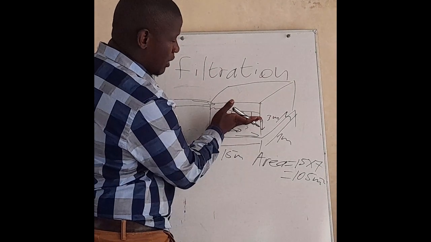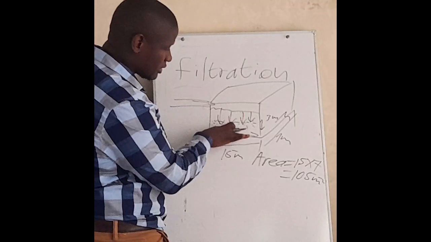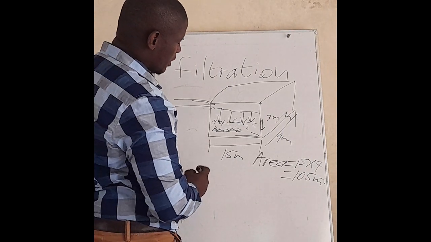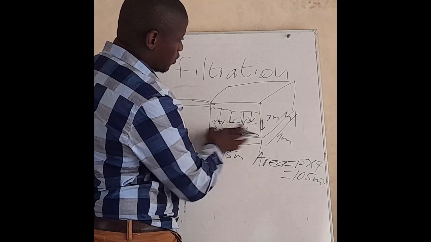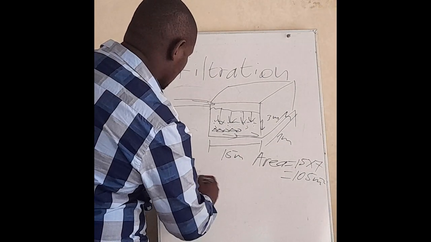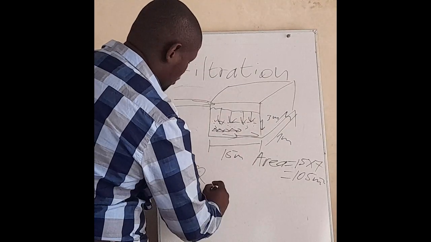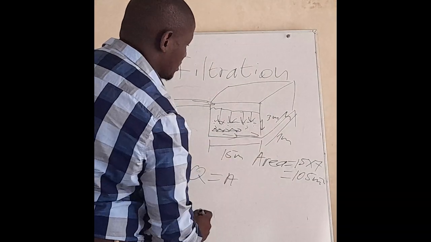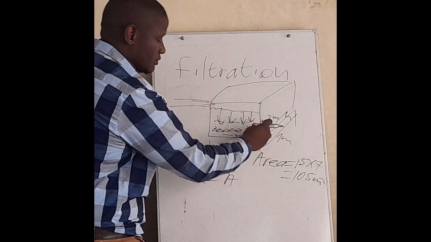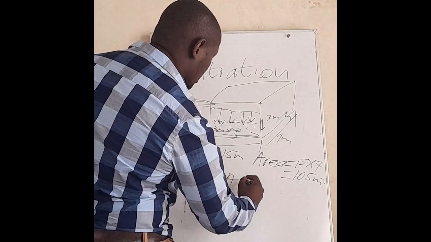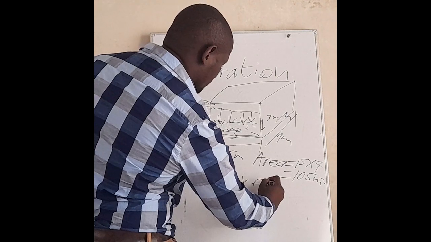So for every hour, 3 meters of that water is going to filter through. Now we need to get the flow rate at which this water has filtered through. So we would say flow rate Q equals our area multiplied by that velocity, or flow rate in a way. So we'll just say A multiplied by flow.